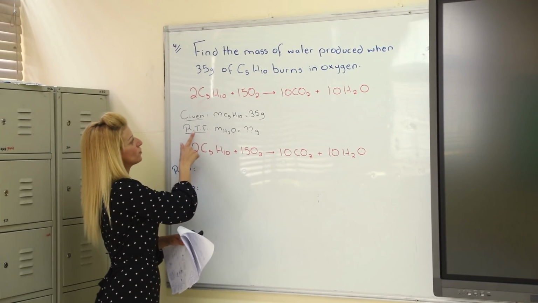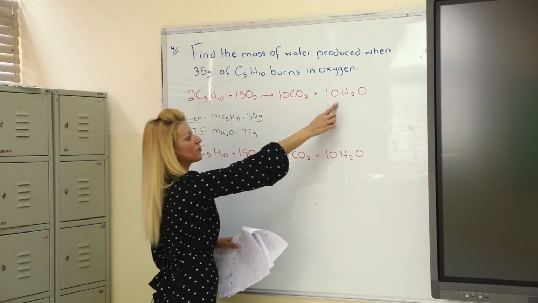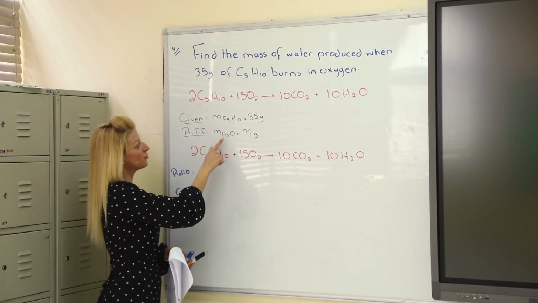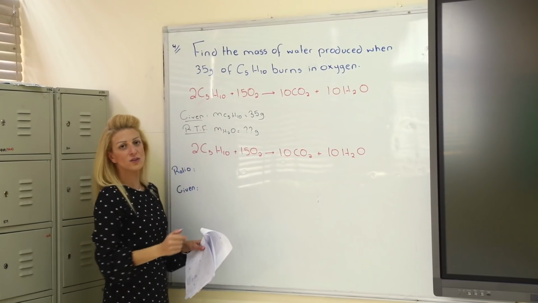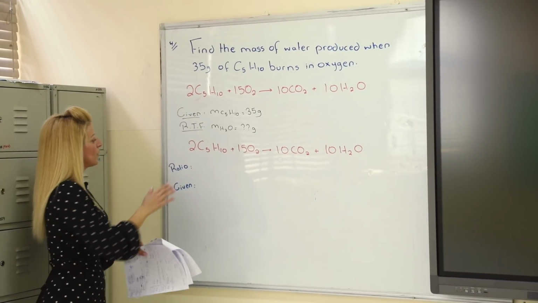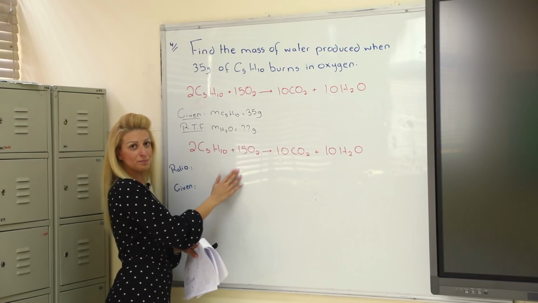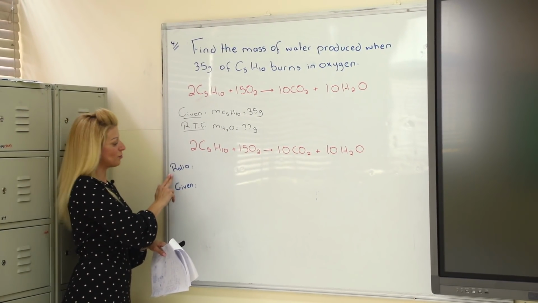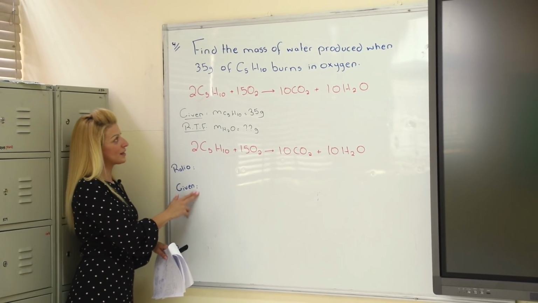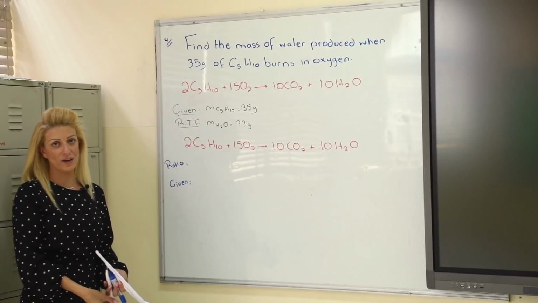We are required to find the mass of water, which is a product that will form when this mass of C5H10 reacts with oxygen. So we rewrite the equation in its balanced form, and we write the ratio in its most convenient form and the given from the original equation.